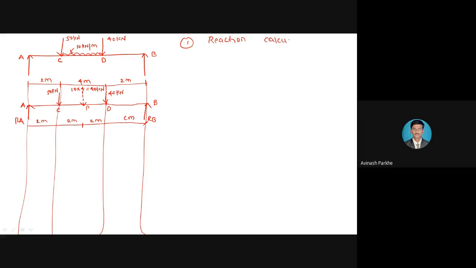Reaction calculation. The forces which are moving upward are positive; the forces which are moving downward are negative. Summation of vertical forces is equal to 0. You have to take all the forces, so start from the left side.